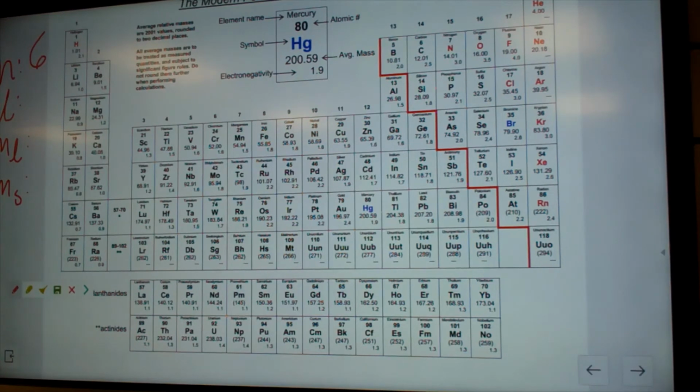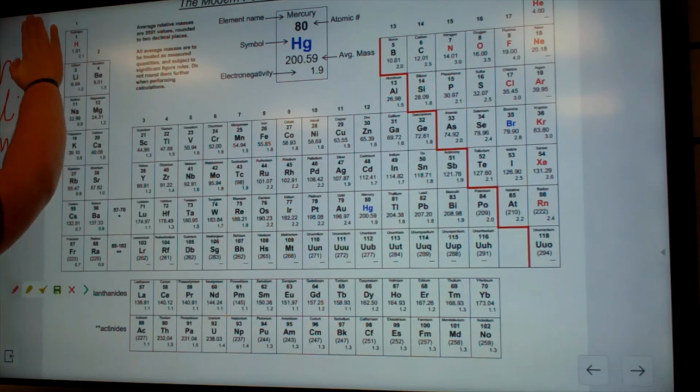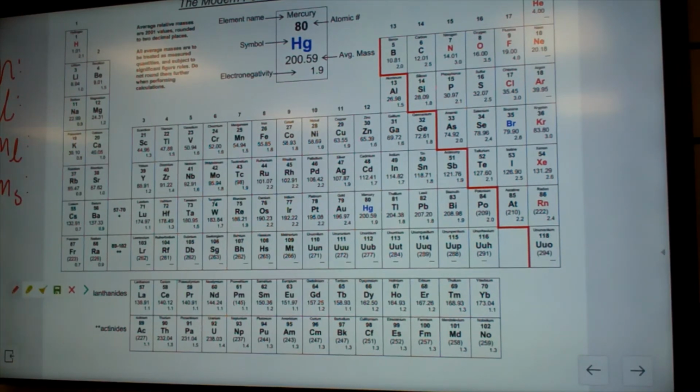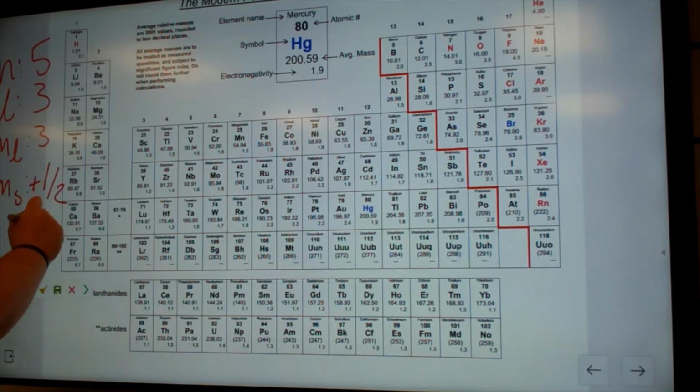Let's do 5, 3. Alright, so it goes like it has before whenever you're solving for these.